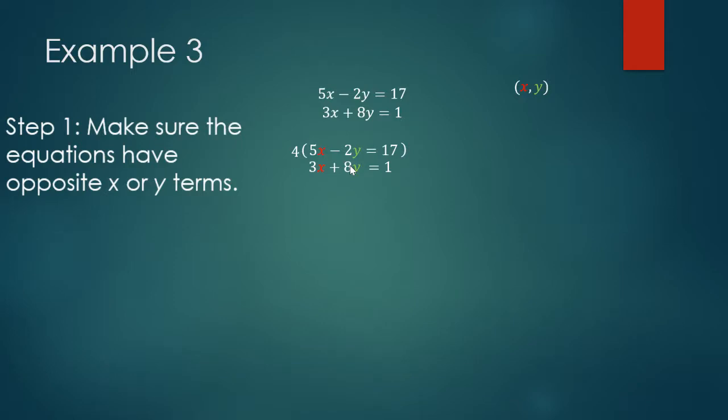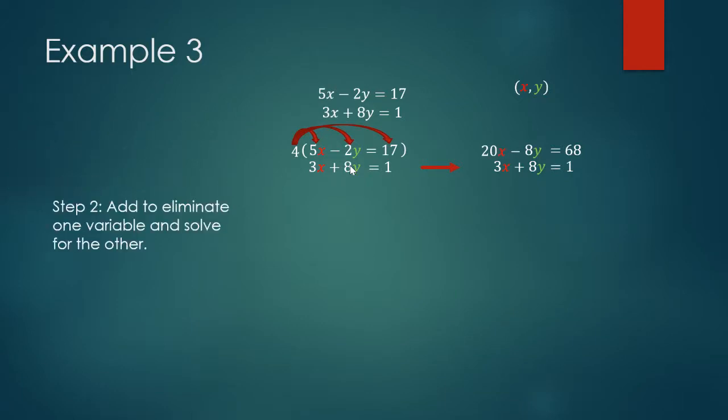So 4 times 5 is going to be 20x. 4 times negative 2 is going to be negative 8y equals 4 times 17 is going to be 68. On the bottom one, I didn't have to do anything, so I'm just going to move it over there. Now, step number 1 is done.